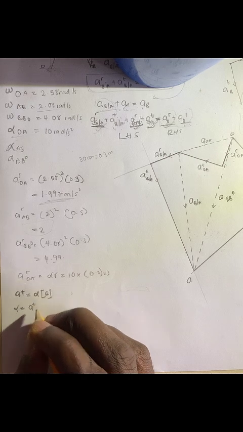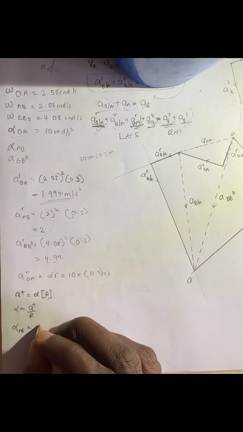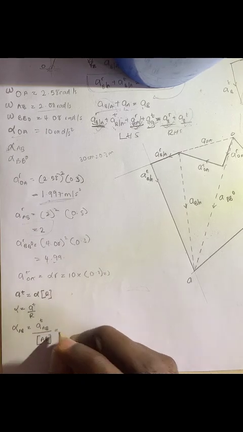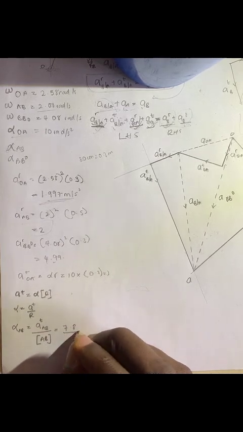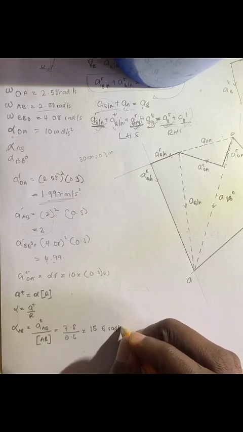That means my angular acceleration equals the tangential acceleration over the radius. So angular acceleration for AB is equal to the tangential acceleration of AB over the length of AB, which is 7.8 over 0.5. If you punch your calculator, you get 15.6 rad per second square.